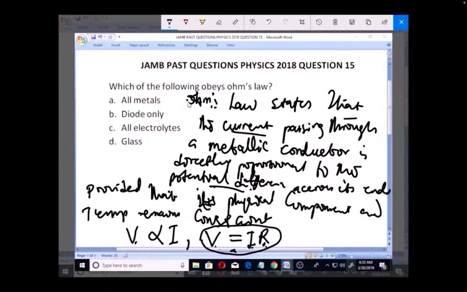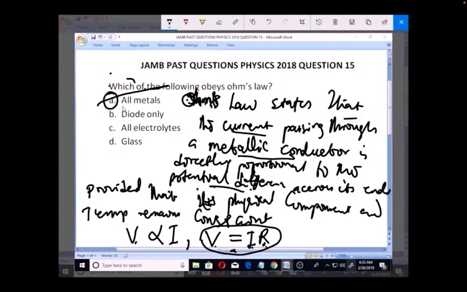So from the statement of Ohm's law, which I just stated, you can see that Ohm's law has to do with metallic conductors, metals. So from the options, you can see that the most likely is option A, which is all metals. Though I also think that some metals don't actually obey Ohm's law like that, like tungsten that is used for bulbs.